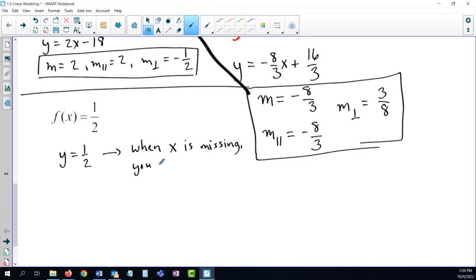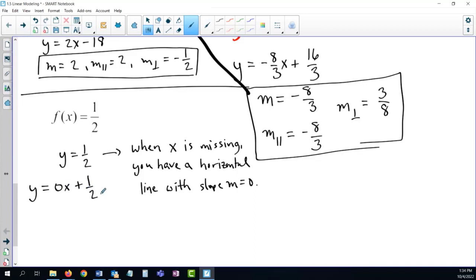What this is, is a horizontal line with a slope of 0. And why is that? Because x is missing. So you can expand this to think of it as y is equal to 0x plus 1/2. 0 times x just goes away. So a slope of 0.